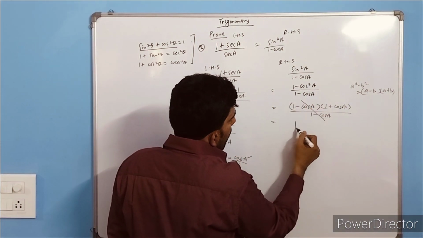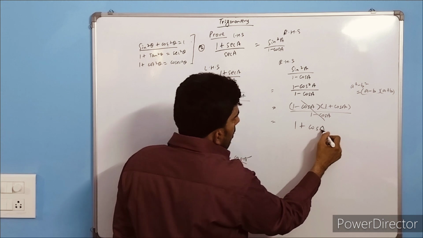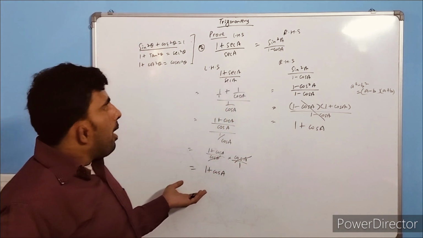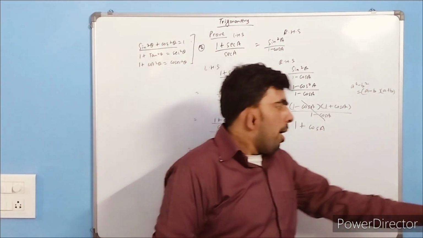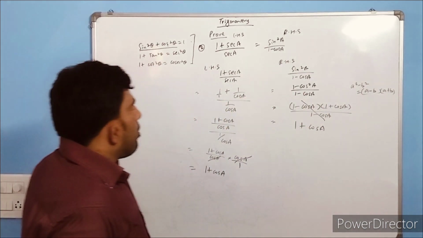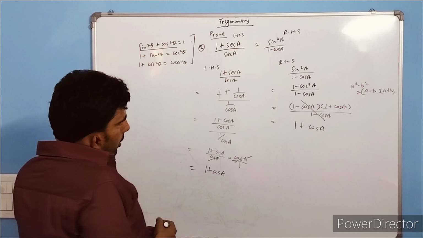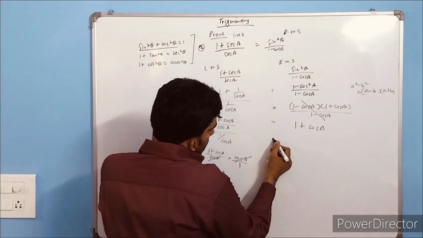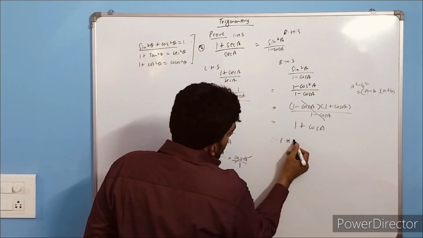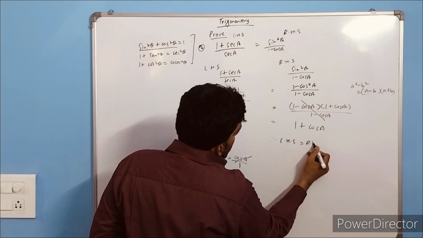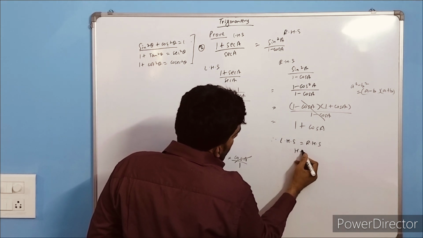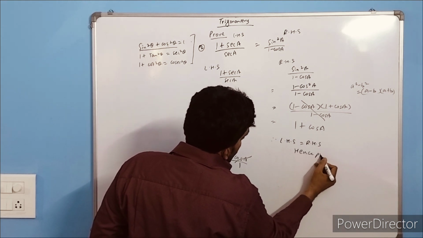So finally what did I get? 1 plus cos A, same as the LHS. So finally I am able to get my answer. That is, LHS is equal to RHS. So therefore I can write LHS is equal to RHS. Hence proved.